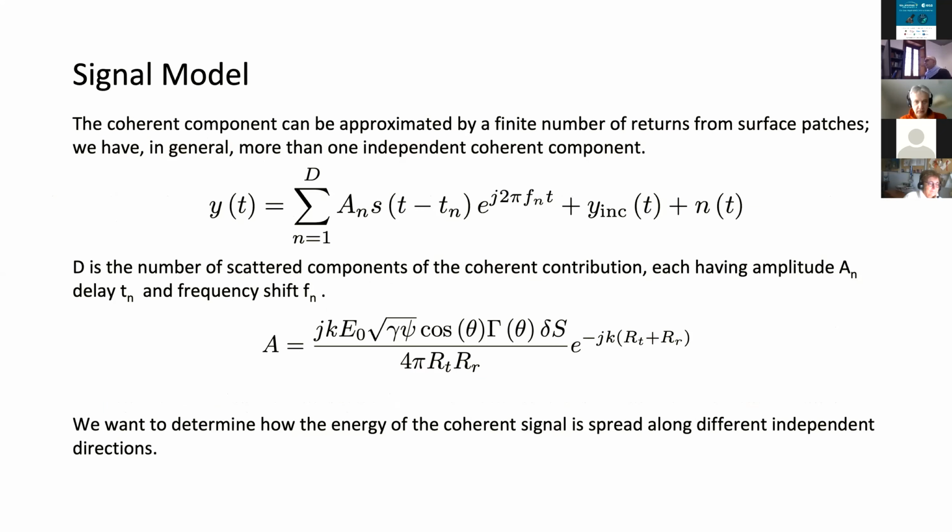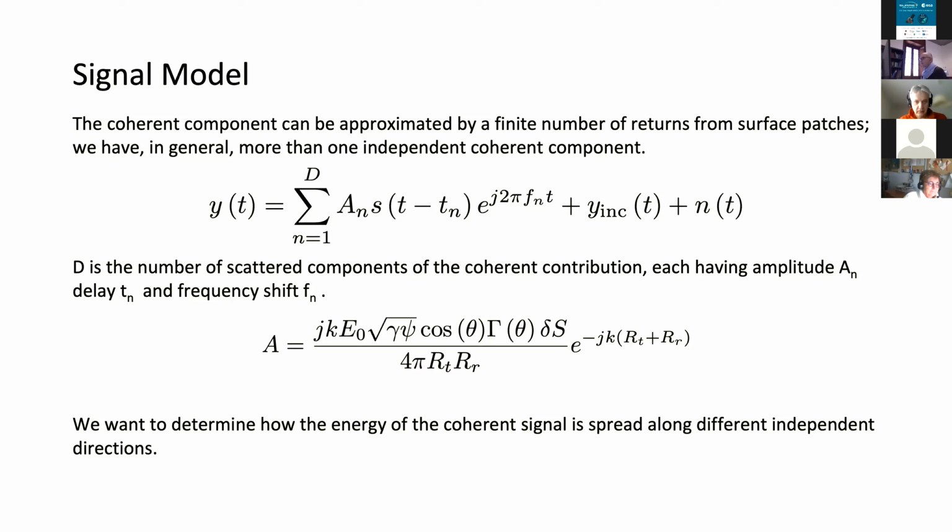So the signal model that we consider in this case is given by the sum of coherent components, in the case that we have d coherent components. Each coherent component has a given amplitude. This amplitude depends on gamma, which is an absorption coefficient from vegetation.